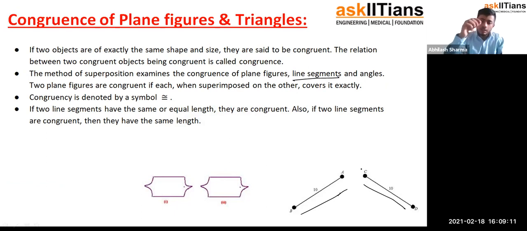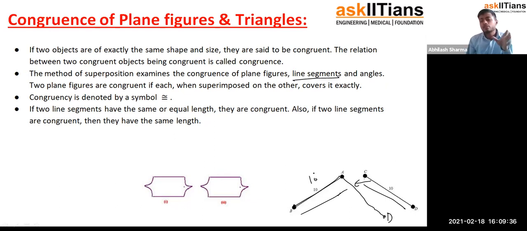For example, I can pick CD and bring it here, and then I can rotate this point D to bring it and coincide with the point B, so that they will be coinciding. And of course, since their length is the same, they will coincide exactly one over the other.